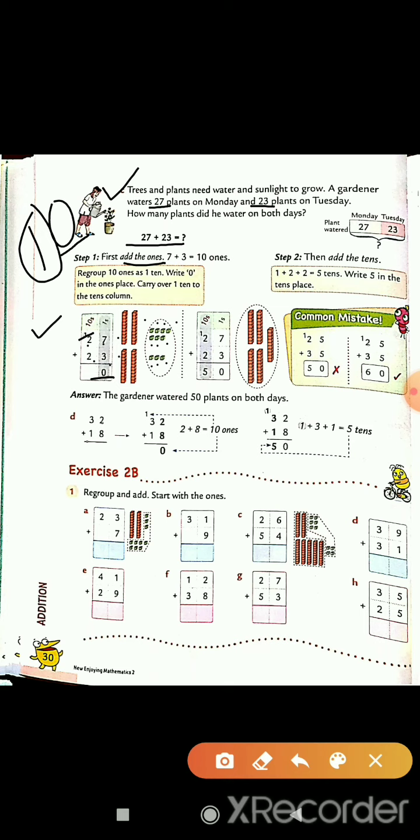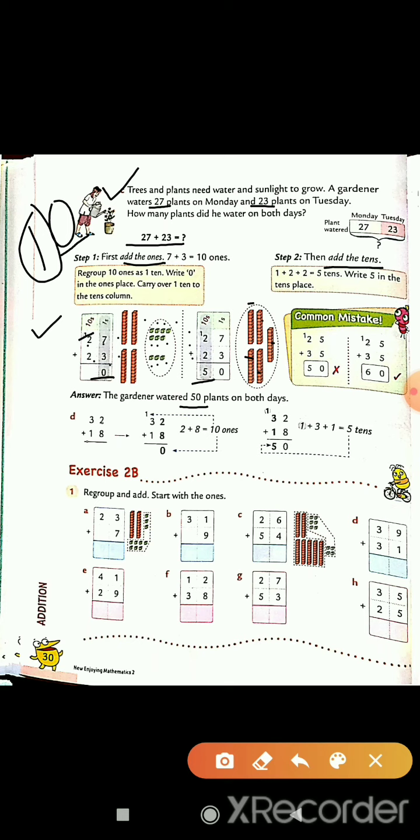Step 2, you have to add the tens. Now at the tens place we have 2, 2 and 1 which we have carried. So count them together: 1, 2, 3, 4 and 5. So here we have to write 5. So our answer is 50. The gardener watered 50 plants on both days.